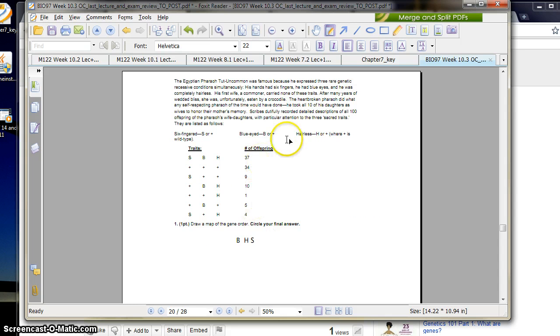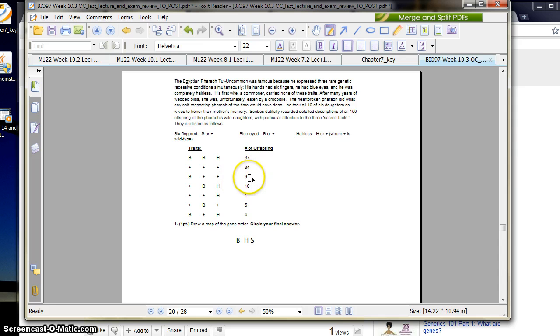Next one, basically you want to find the gene in the middle. How do we do this? Just like before, we take the least one and the most one. The most ones are right here. See, this is SBH, and you have all wild types on this, and these are the parentals. And remember I told you all the rest of them are paired.